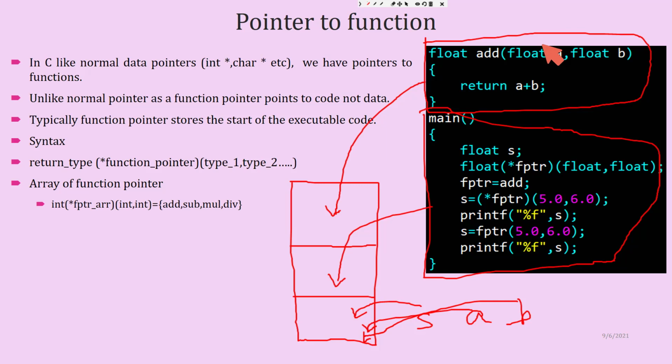Everything will be in memory during execution, and anything in memory will have some address. So if the address of that function is stored in a variable, we can call that pointer a pointer to function.